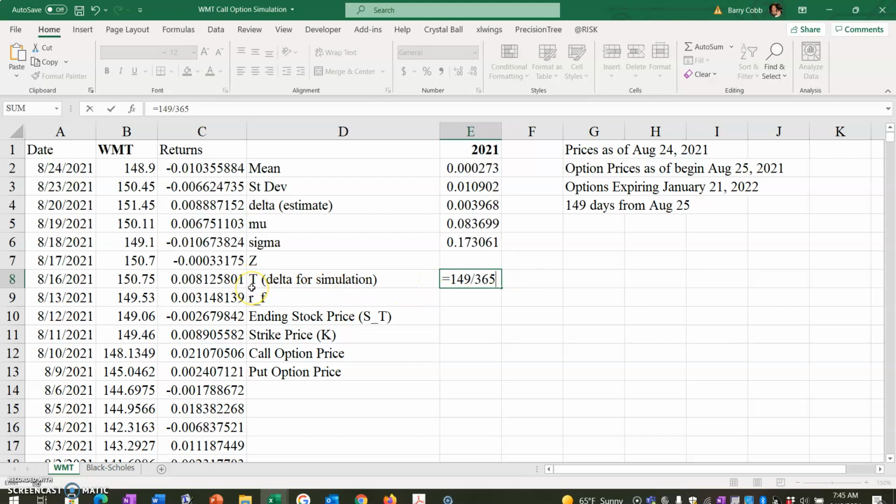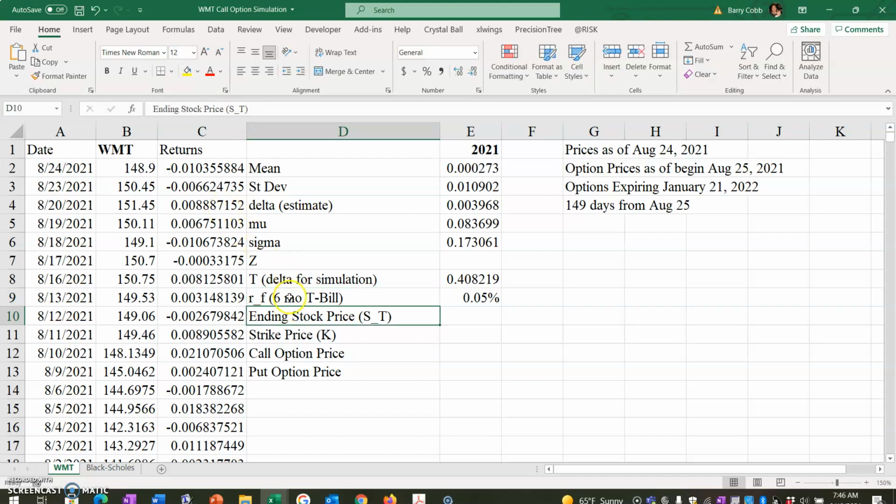That's the T, large T is the time to expiration, but in the geometric Brownian motion formula, it'll be the delta for the simulation. Right now, the risk-free rate is very low, about 0.05% for the 6-month Treasury bill, which is an expiration that's not exactly 149 days, but it's relatively close.